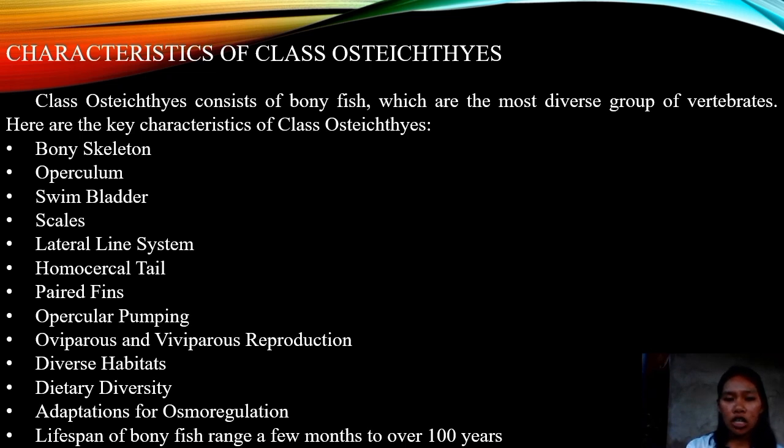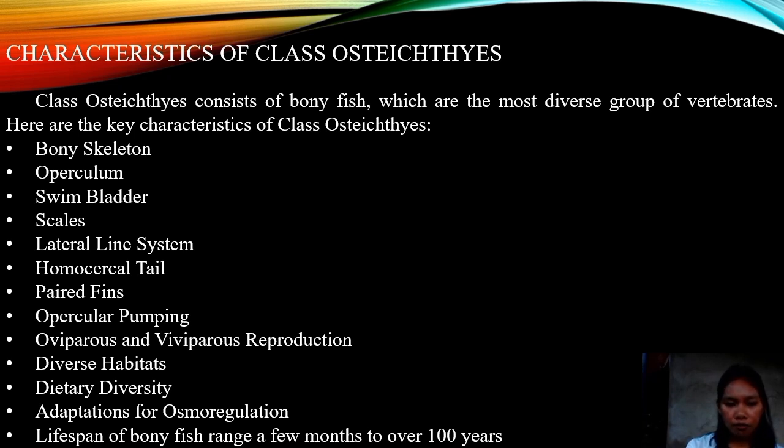Adaptations for osmoregulation enable bony fish to maintain a proper balance of salts and water within their bodies, crucial for surviving in different salinity levels. Their lifespan varies greatly, with some species living only a few months while others can survive for over a century, reflecting the remarkable diversity and longevity within this class of vertebrates.